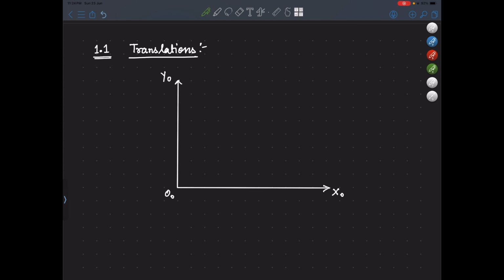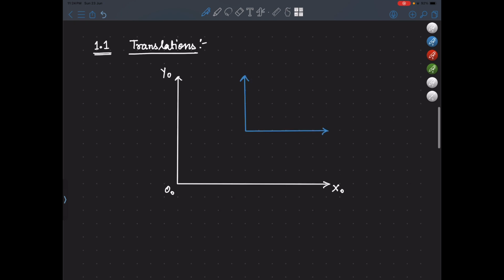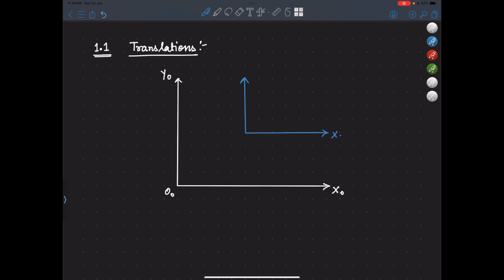I'll not draw the robot, but just assume that there is a robot, and there was a coordinate frame fixed with the robot, and the robot only translated, it did not rotate, from o0 to o1. All right, now let there be a point c on the robot. So we want the coordinate of this point c with respect to the fixed coordinate frame with origin o0.